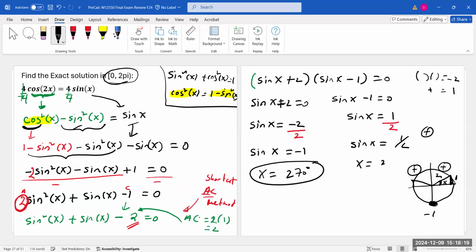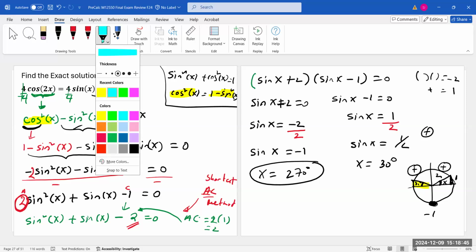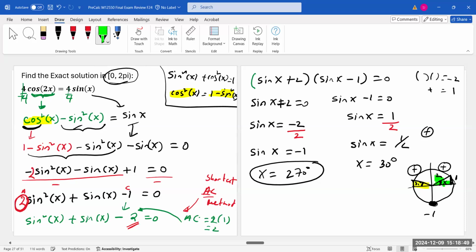So that tells us one of the solutions is 30 degrees. But we have two solutions because sine is positive twice. So if this is 30 degrees, we have another 30 degrees here. But when we find a solution, our angle has to start from 0 degrees. So if this tiny angle is 30 degrees, that means the angle that starts from the origin, from the 0 degree, is here.